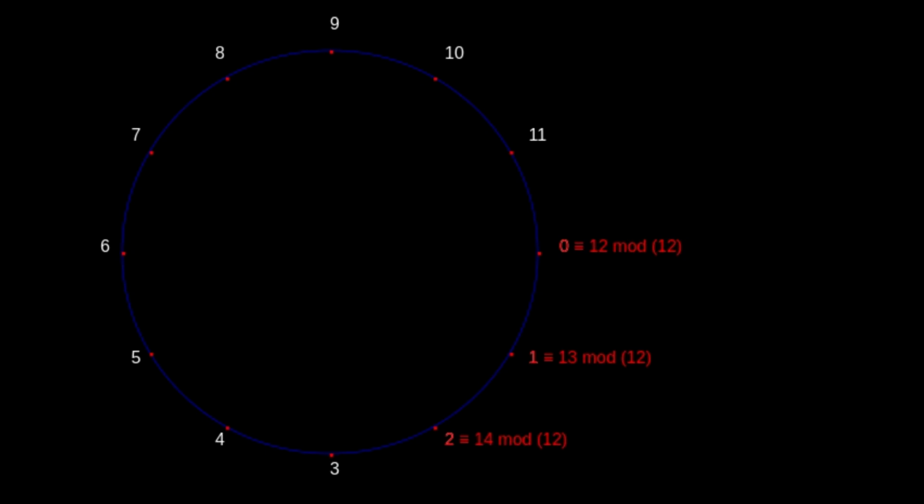If you take 24, we have to go around the circle twice and we end up where 0 is. If you go around the circle 3 times, the number 36 will also be sitting along with 0. So every multiple of 12 is equivalent to 0.